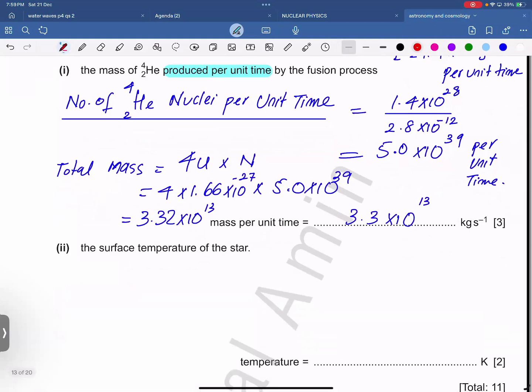Using Stefan-Boltzmann law, it says L is equal to 4 pi sigma r square T to the 4. So T will be the fourth root of L over 4 pi r square sigma.